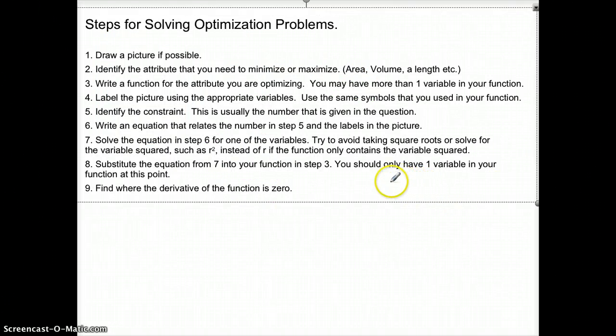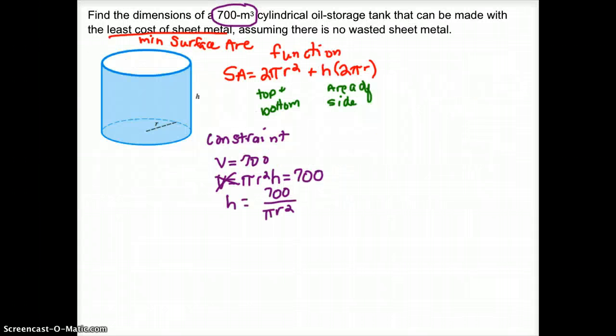Now we're going to substitute the equation from step 7 into the function that I have in step 3. Remember, my function's in red, and what I just solved for is the purple. So I'm going to take this equation in red, and put the expression that I found in there for h.